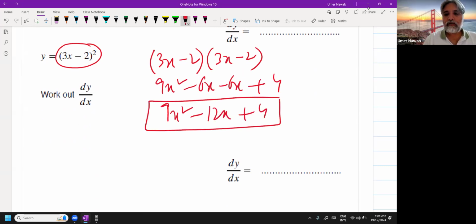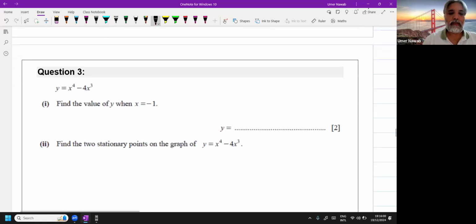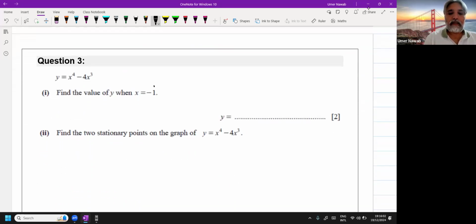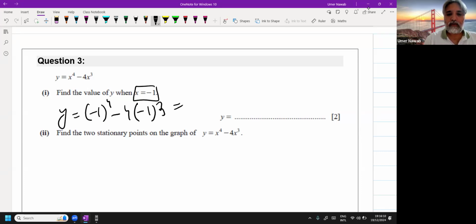At this point, we are ready to apply the derivative. This derivative is 18x, and this derivative is negative 12, and this derivative is 0. You said x is equal to minus 1 substituted, y is equal to negative 1 power 4, minus 4, negative 1 power 3. So this will give us 1 plus 12, so the answer is 13.